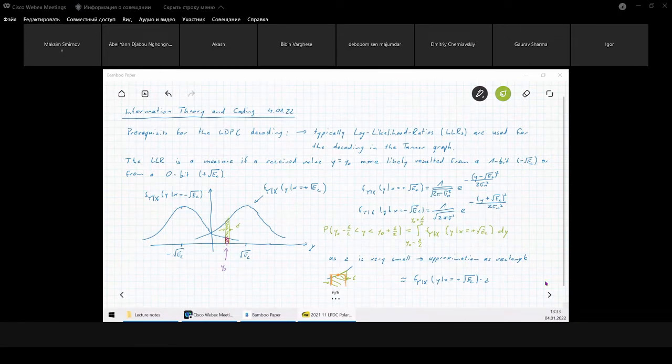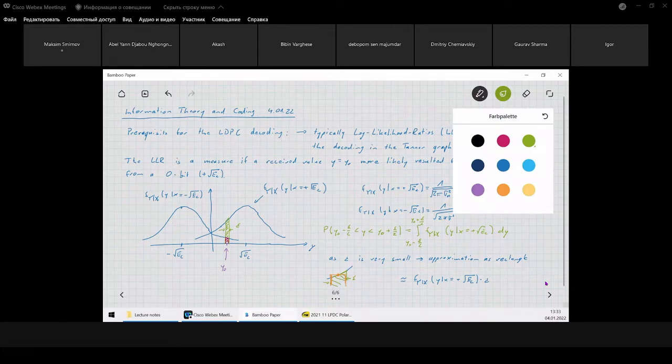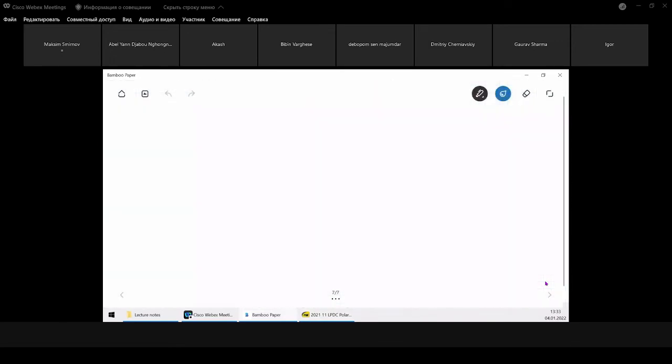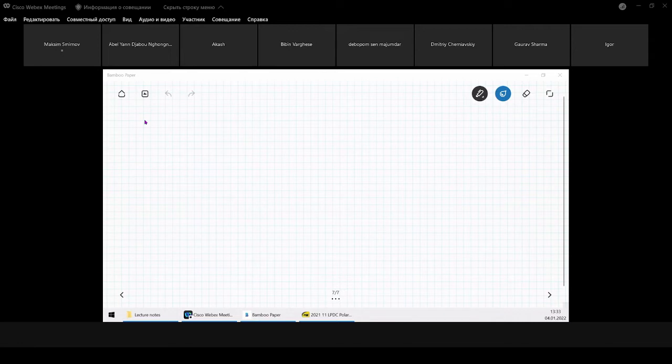So this will be the next step, which defines the so-called log likelihood ratio. The log likelihood ratio for y being y0 is the natural logarithm between these two probabilities.